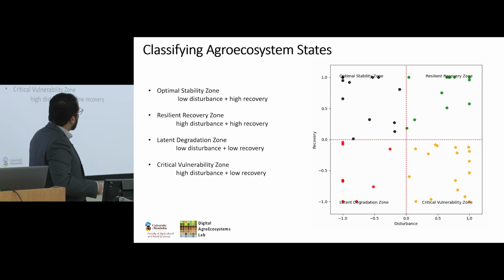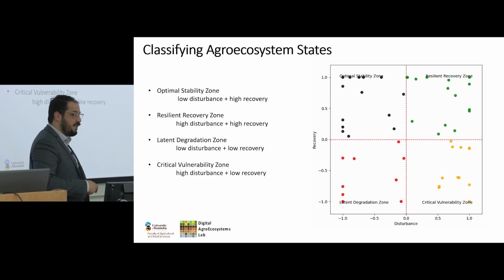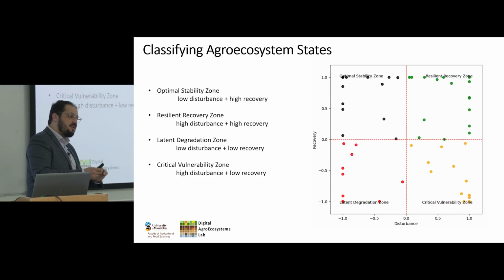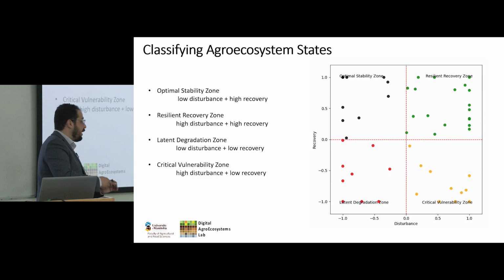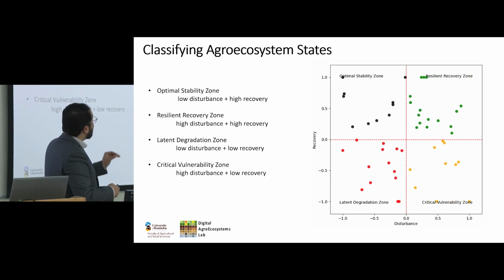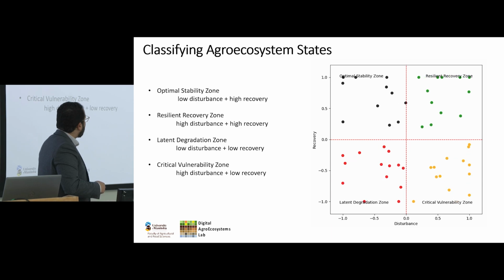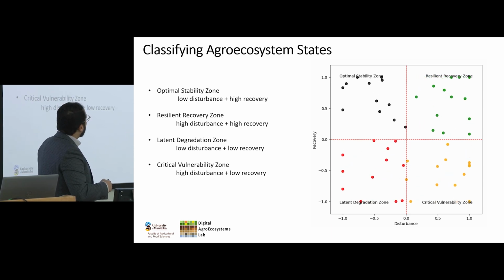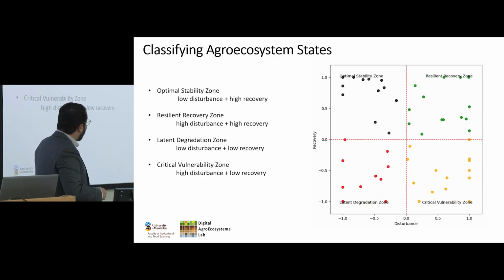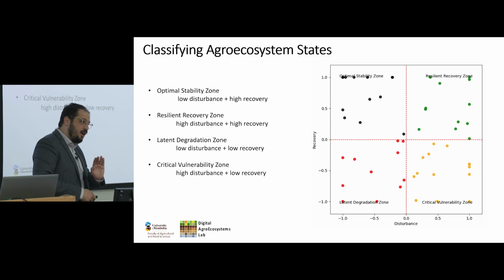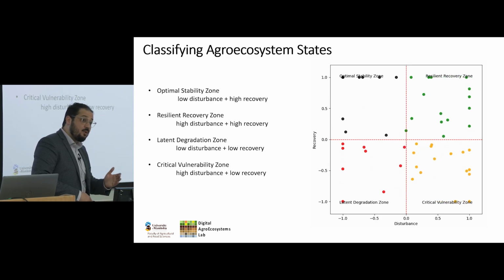But what is more important for us is to see the dynamics of where the disturbance and the recovery are located. There are locations that have a much more resilient recovery zone. They have more disturbance, but they still recover. There is the optimal stability zone where they have no disturbance, and even the opposite, more rainfall, more organic matter.